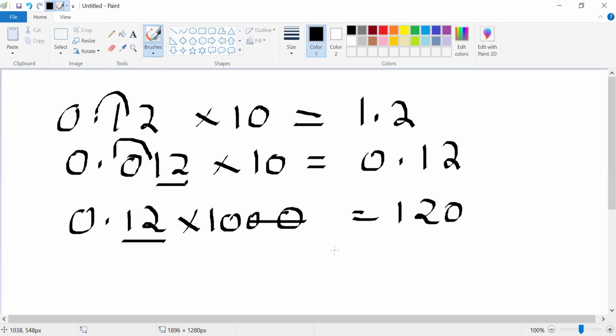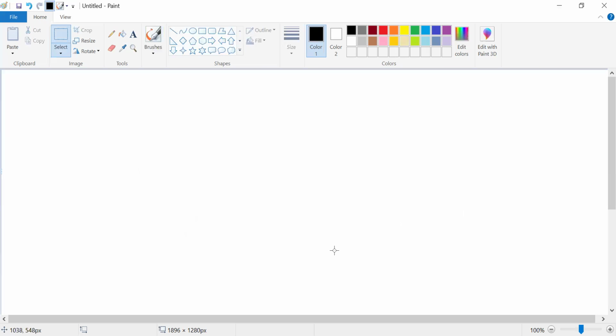Next, we will discuss division of decimals. 2.4 divided by 2. The numerator is a decimal, and the denominator is not a decimal. What we will do is, the denominator also should be a decimal.